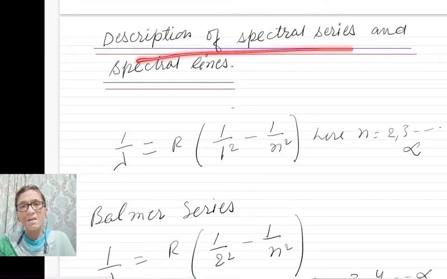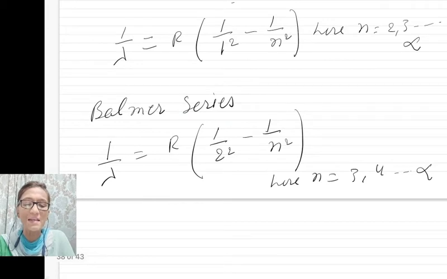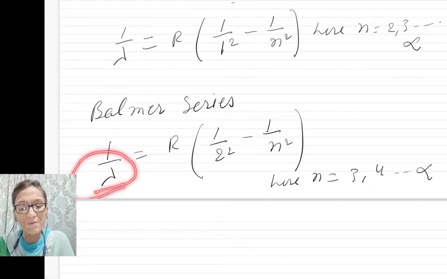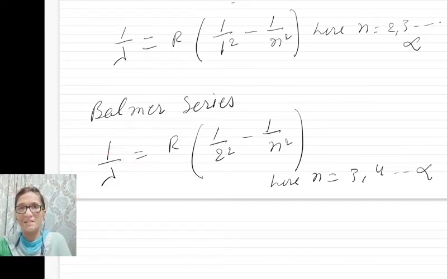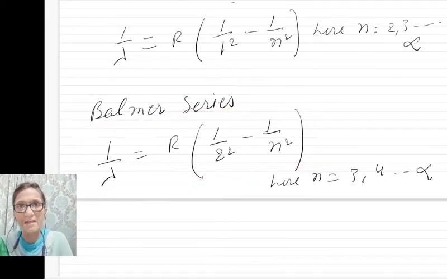Now description of all the spectral series. As we saw, in Balmer series we have several discrete lines with their specific wavelengths, and all the wavelengths in Balmer series can be obtained using this formula. Here R is a Rydberg constant, and n is a number greater than 2. It may be 3, 4, and it is up to infinity.